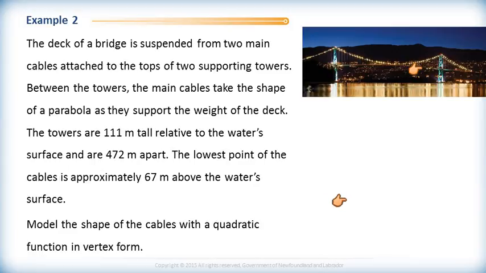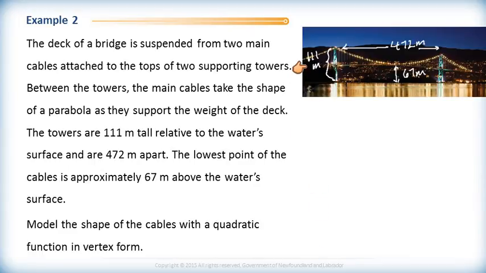The towers are 111 meters tall relative to the water's surface. It's 111 meters up here and 111 meters up here. And they are 472 meters apart. The lowest point of the cables is approximately 67 meters above the water's surface. Right there. Model the shape of the cables with a quadratic function in vertex form.